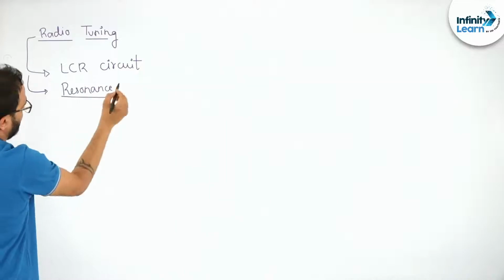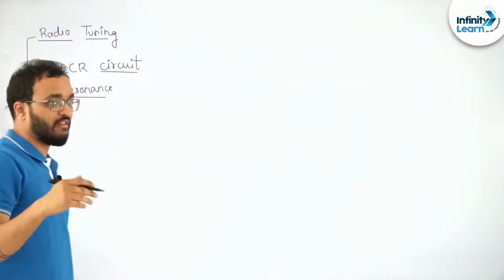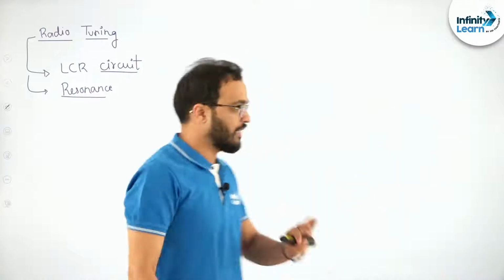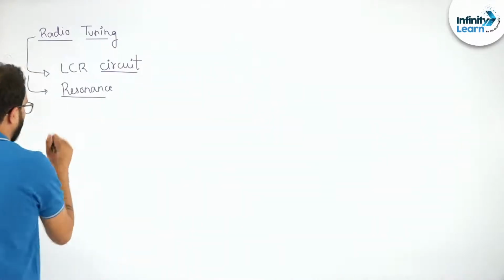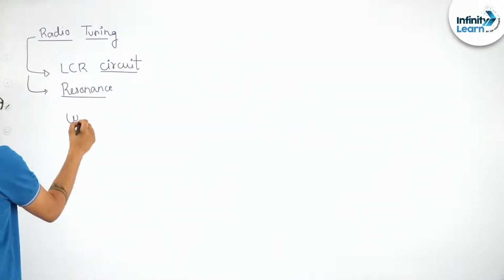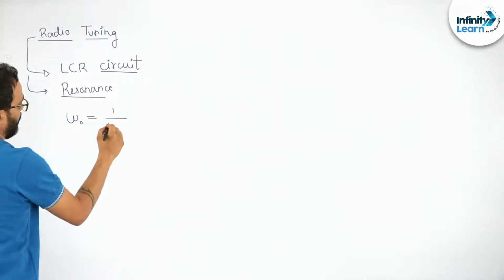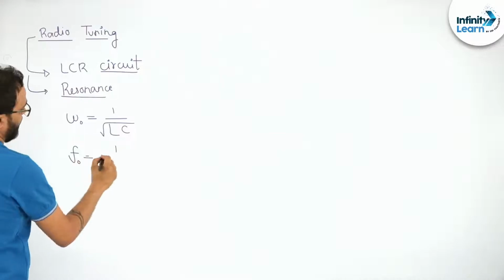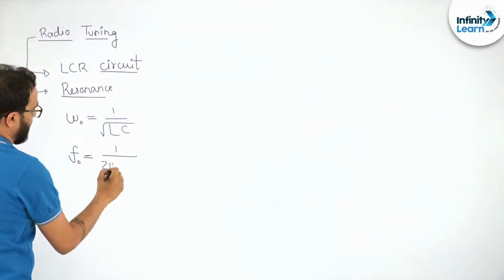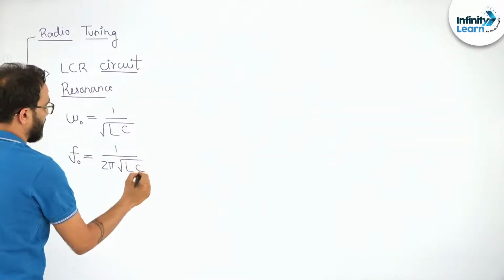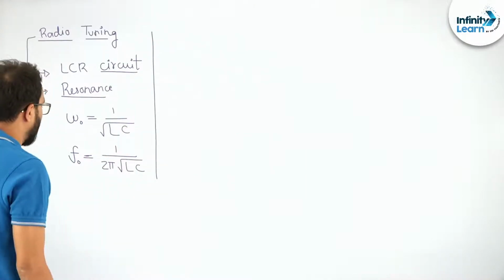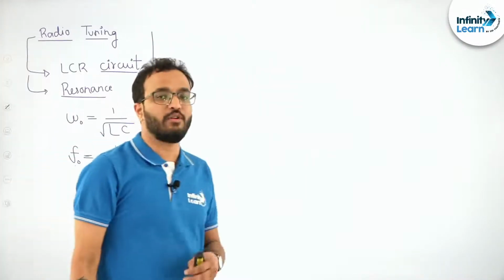So here we can change the value of the resonant frequency. See, if I ask what is the resonant frequency, angular, you will say sir, 1 by root over LC. And the frequency is 1 by 2 pi root over LC. It is clear, very simple. Now, we can also change the value of the resonant frequency.